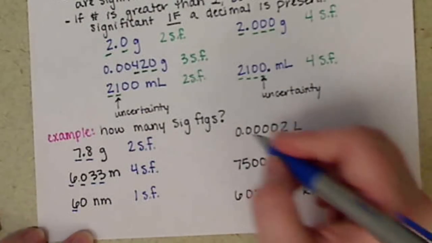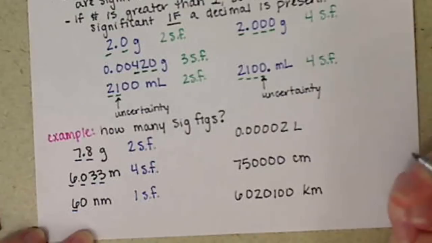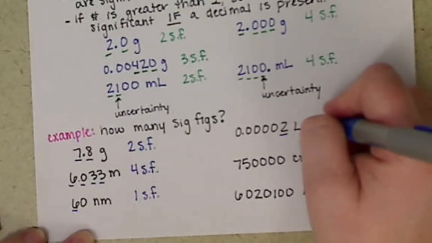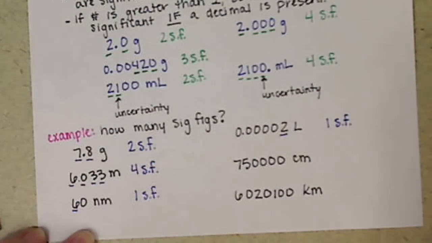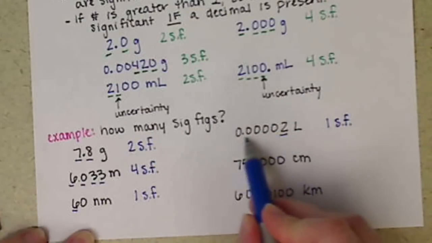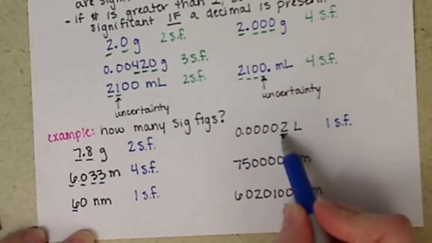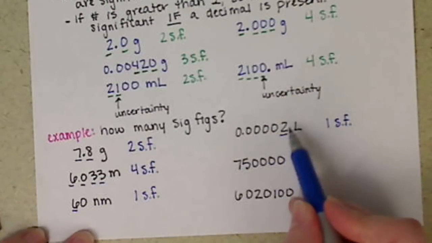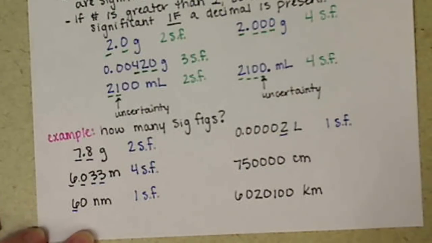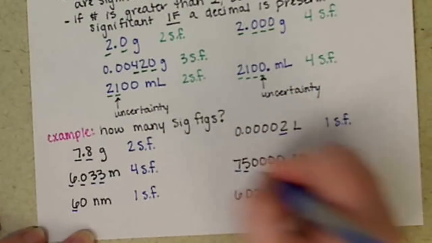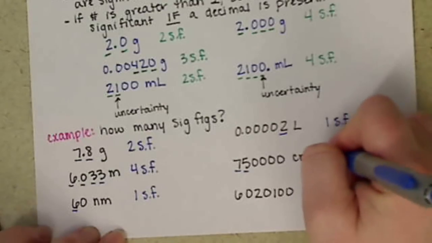Over here we have our 0.00002 liters. That only has one significant figure. The zeros out in front are not. Remember, we want to start counting our significant figures at the first non-zero digit. We have our 7 and our 5 are significant.